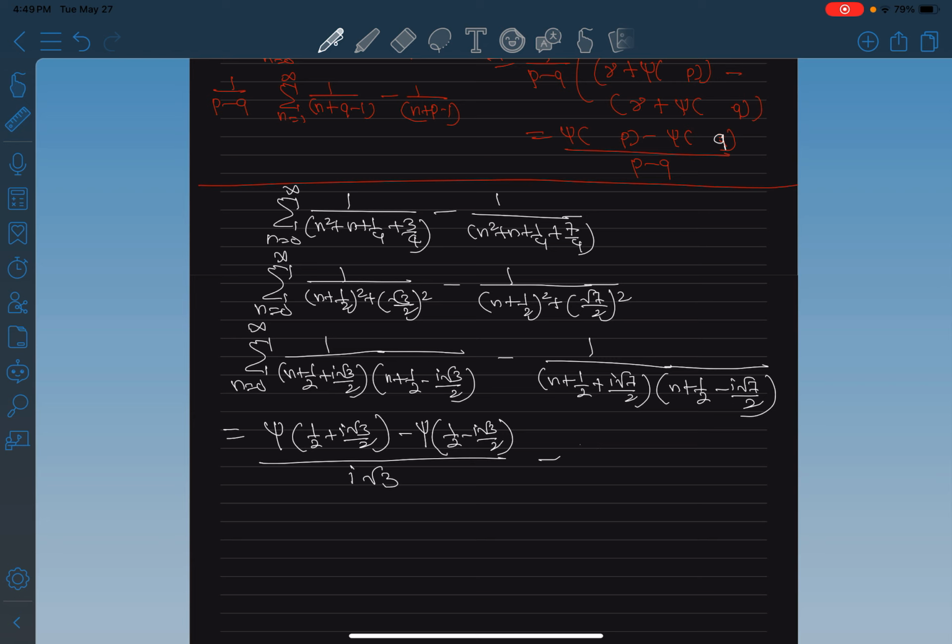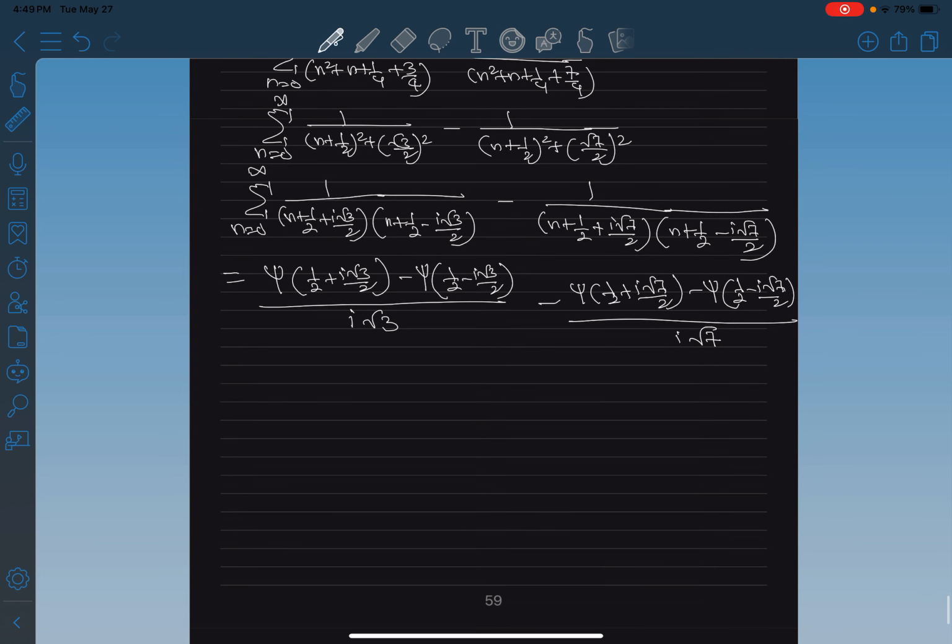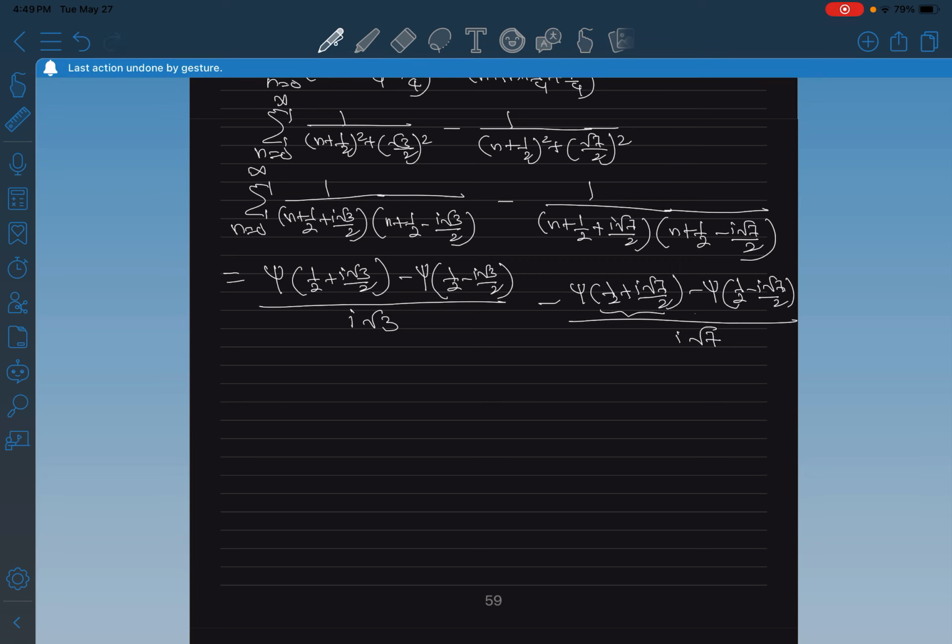Similarly over here, this is digamma of half plus i root 7 over 2 minus digamma of half minus i root 7 over 2 by i root 7, right? Now notice that these two, half plus i root 3 over 2 and half minus i root 3 over 2, actually sum up to 1, right? And the same is the case over here.